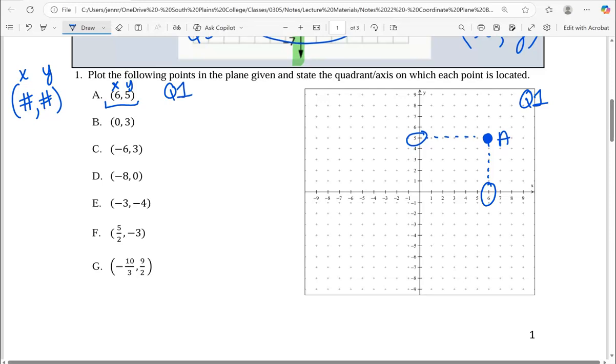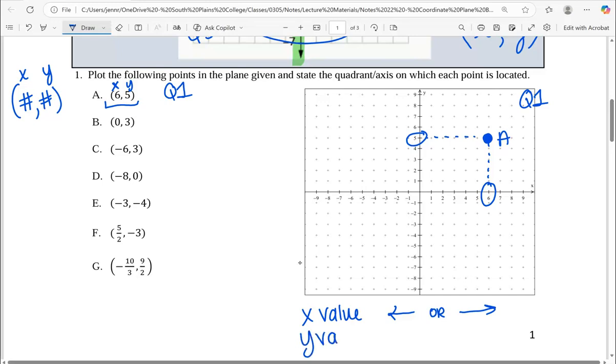Now, the other way you can think about this is the fact that the x value takes you to the left or right. So the fact that we had a positive 6, if I start out here in the middle, positive 6 took me to the right 6 places.